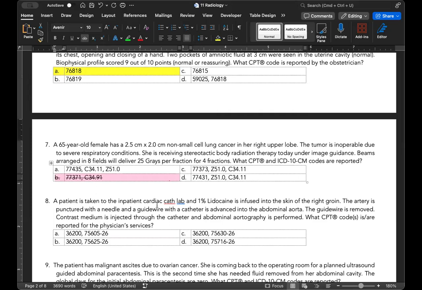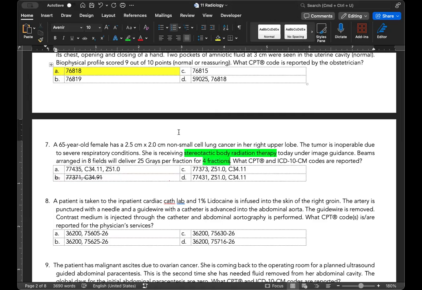77373 is going to be stereotactic body radiation therapy, treatment delivery per fraction to 1 or more lesions, including imaging guidance, and the entire course not to exceed 5 fractions. So we had stereotactic body radiation therapy, right? So our code description is that stereotactic body radiation therapy. We had 4 fractions.